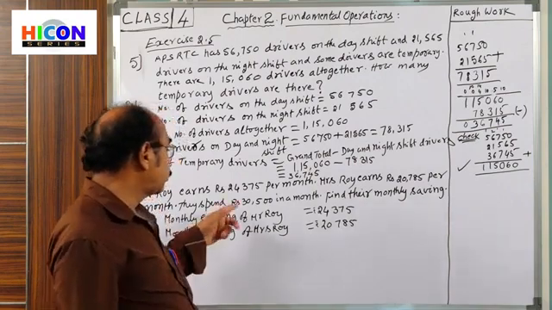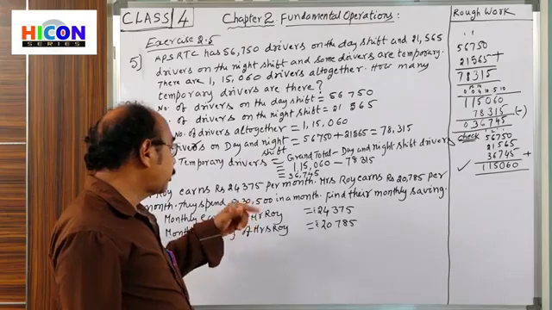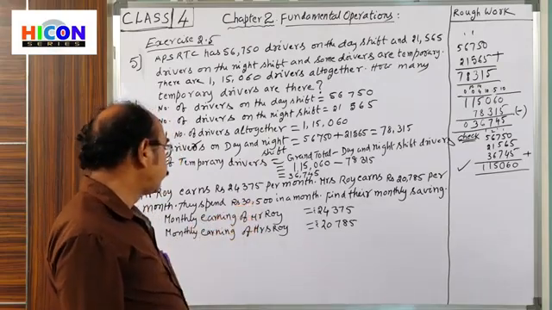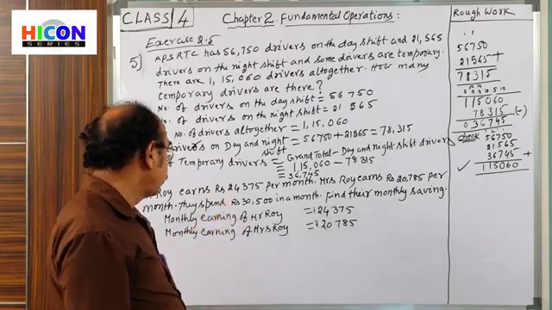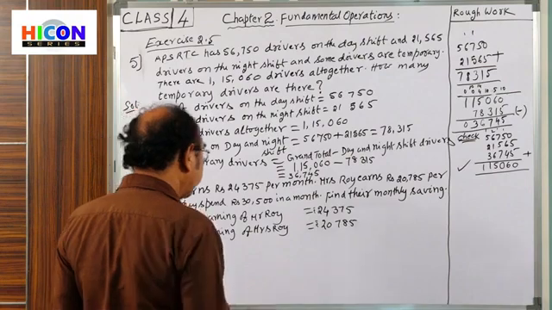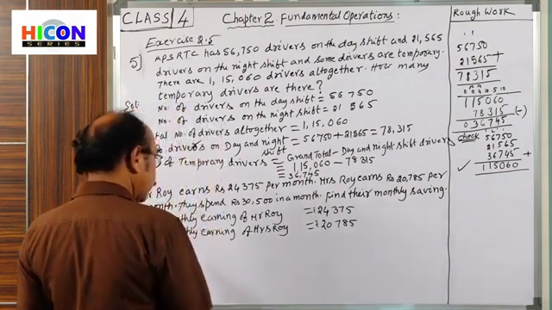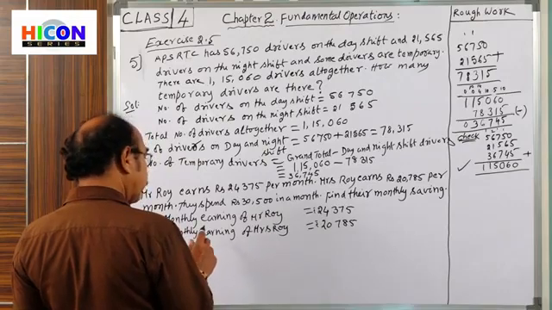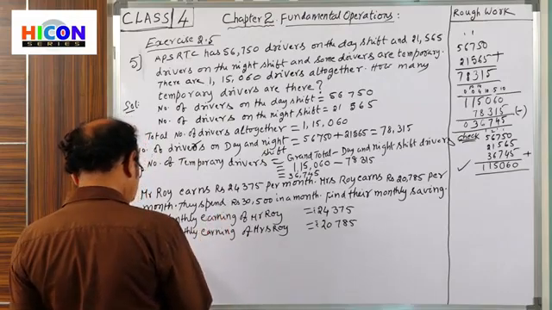That we write after reading the problem. That's why this point is also mentioned. They spend 30,500 rupees in a month. So monthly expenditure. This is called expenditure. Money they are spending every month.